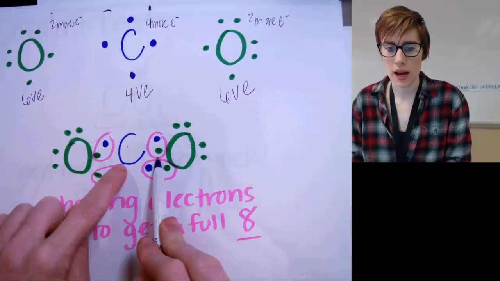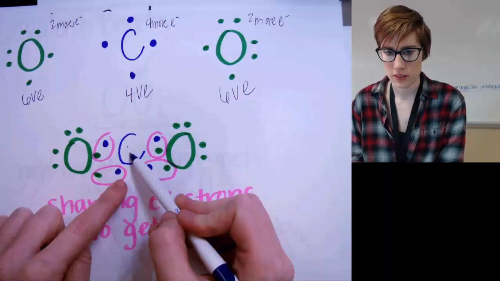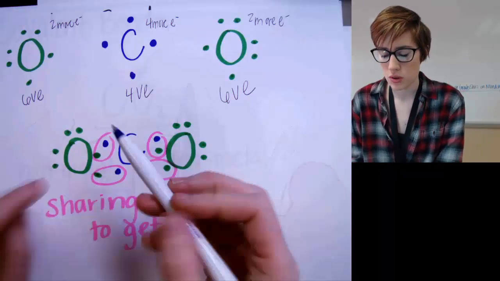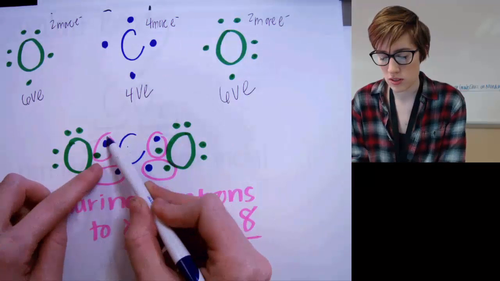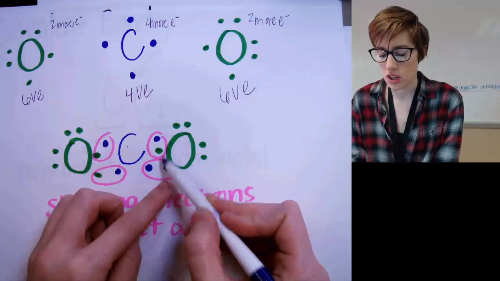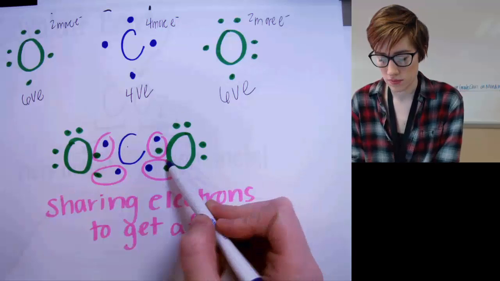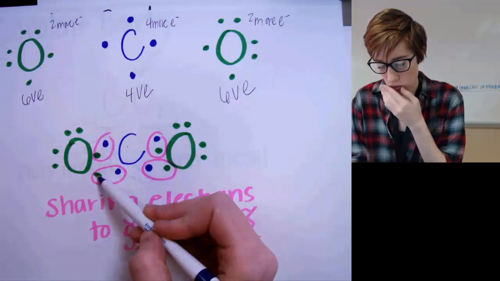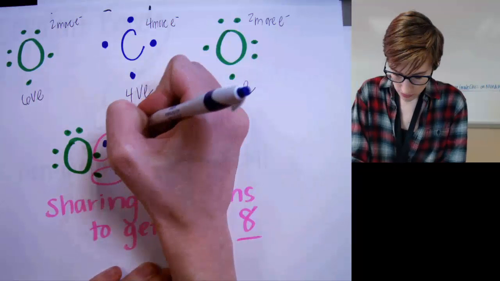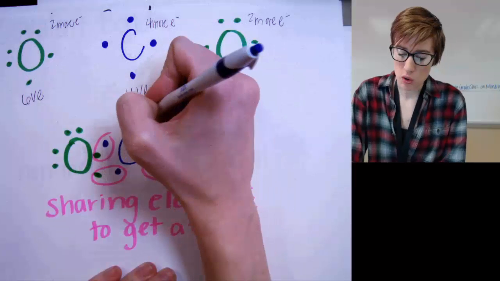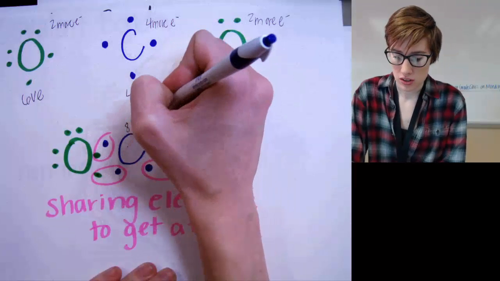Okay, look what happens when they get together. Carbon is going to share 2 electrons with oxygen. That's why I drew these circles around them. And it's going to share 2 electrons with the other oxygen. So carbon, if we count 1, 2, 3, 4, 5, 6, 7, 8, has 8 valence electrons, but 4 of them are being shared, right?